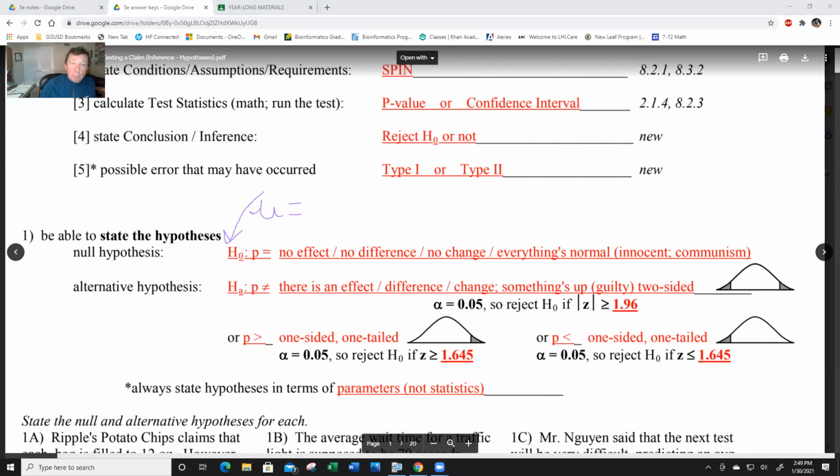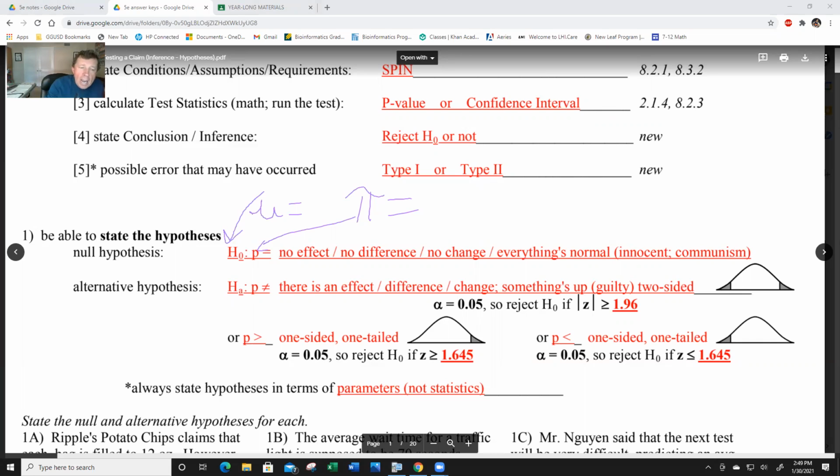If the problem is in a proportion, you'll put pi equals or p. I put p as an example, but it could be any three of those symbols. Remember, if the problem is a mean, use mu. If the problem is a proportion, I would use pi probably, okay, even though my example is p.